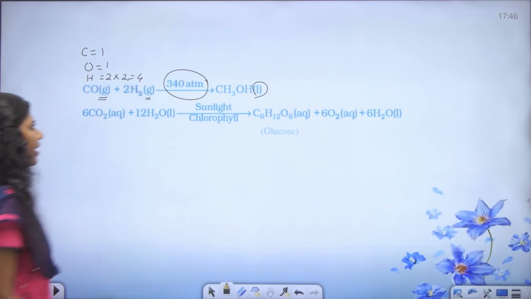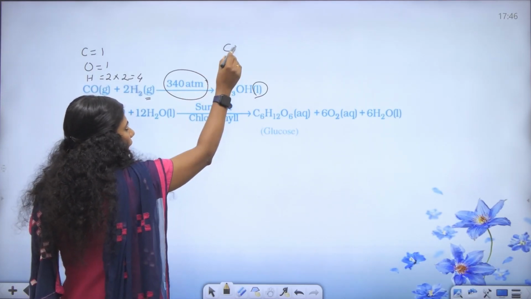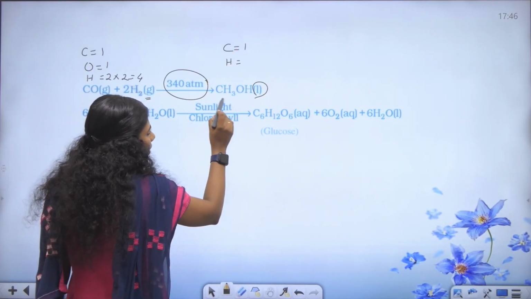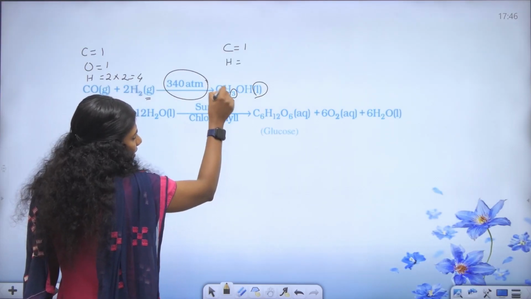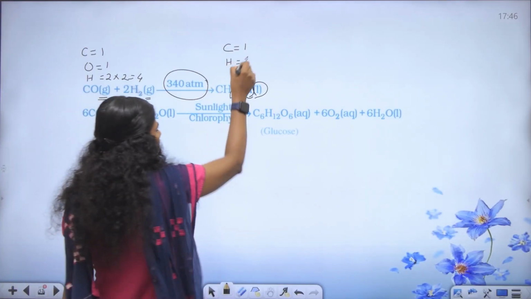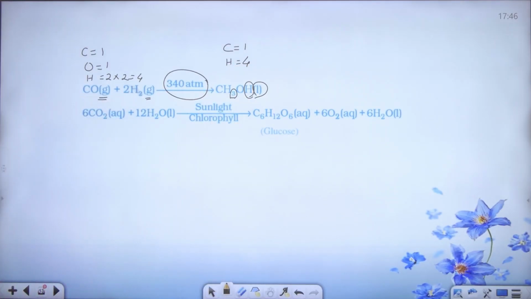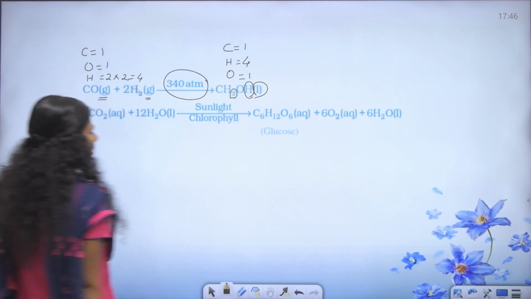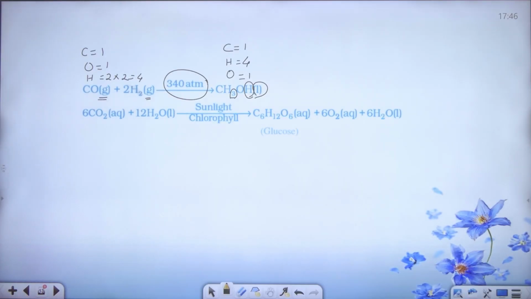On the product side, in CH3OH, the number of carbon atoms is only 1 and the number of hydrogen atoms is CH3, 3 hydrogen, plus OH, 1 hydrogen, 3 plus 1, 4. Total number of hydrogen atoms on the product side is 4. And oxygen atom, in CH3OH, oxygen 1. Carbon 1, oxygen 1, hydrogen 4. So the equation is balanced. The number of each atom on the reactant side is equal to the number of each atom on the product side. So the equation is balanced.